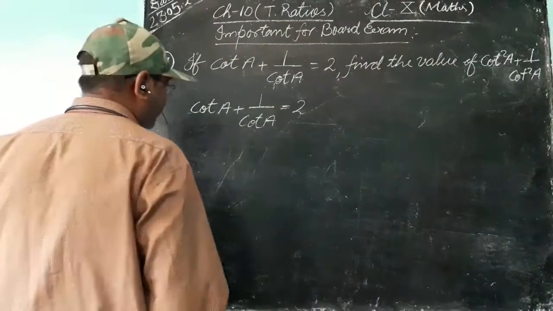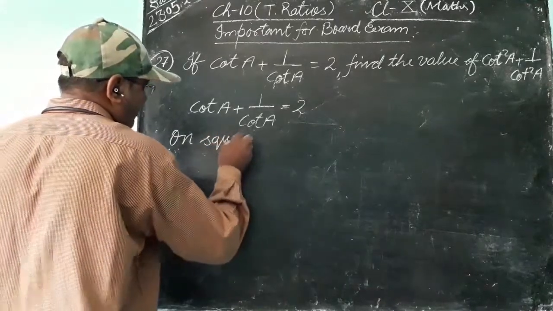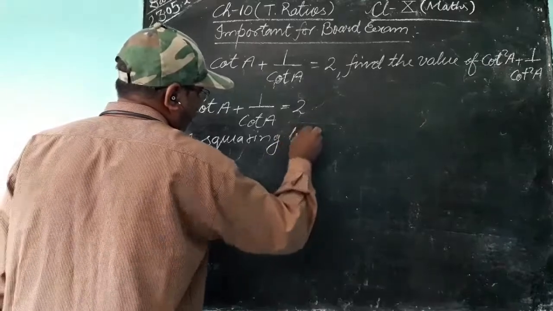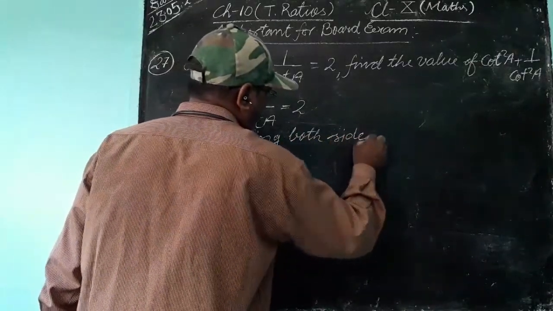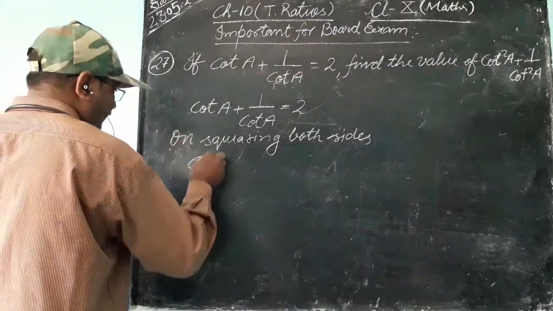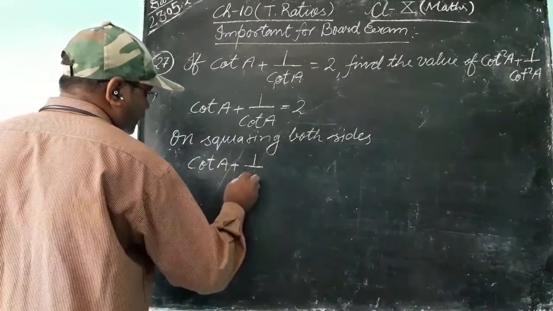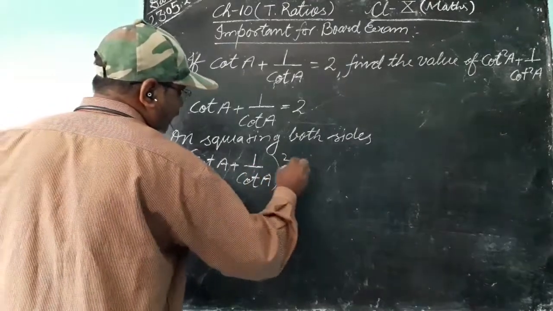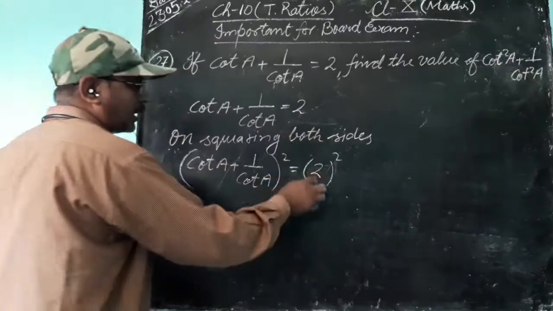Squaring both sides, it will be (cot A plus 1 upon cot A) the whole square is equal to 2 the whole square.